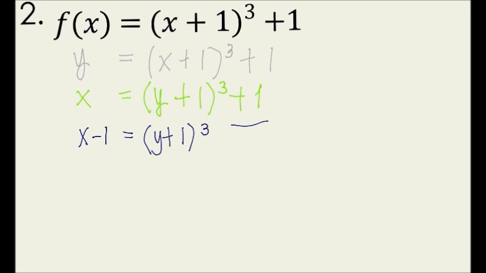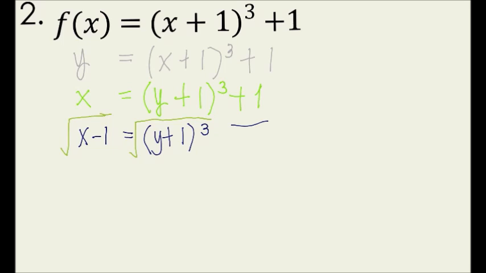Next, we want to get rid of the exponent 3 there. So to do that, we need to take the cube root of this side. But we should also do it on the other side, because remember, in the rule of equality, whatever you do on one side of your equation, you have to do the same on the other side of the equation.